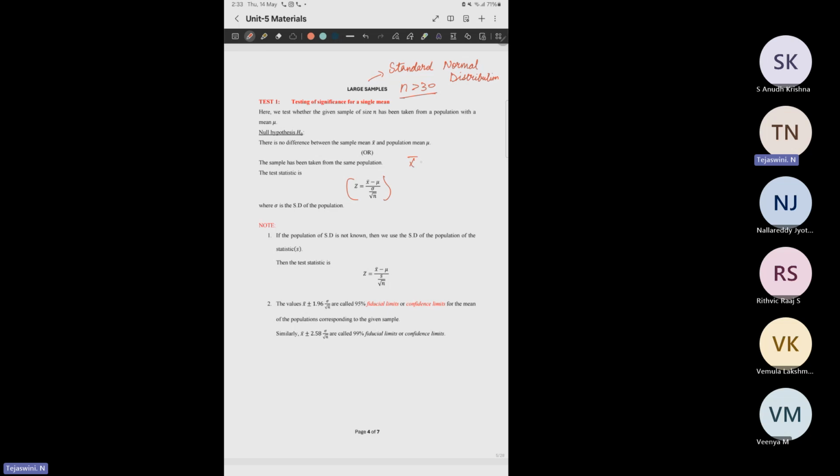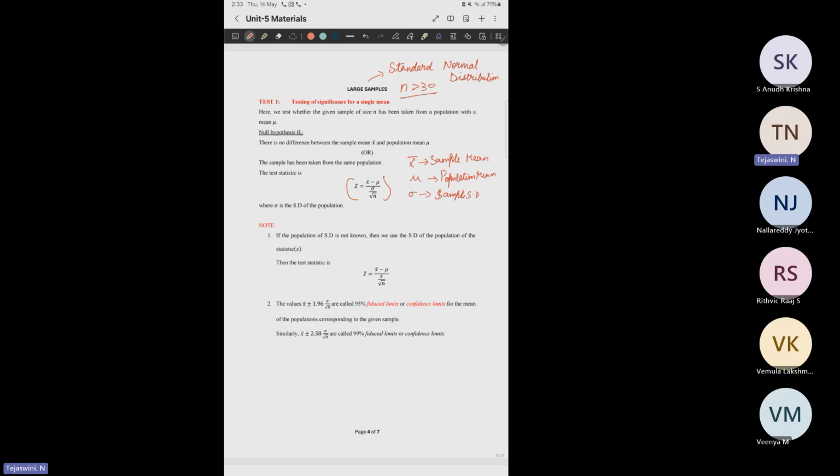Here x bar is the sample mean, mu is the population mean, sigma is the sample standard deviation.